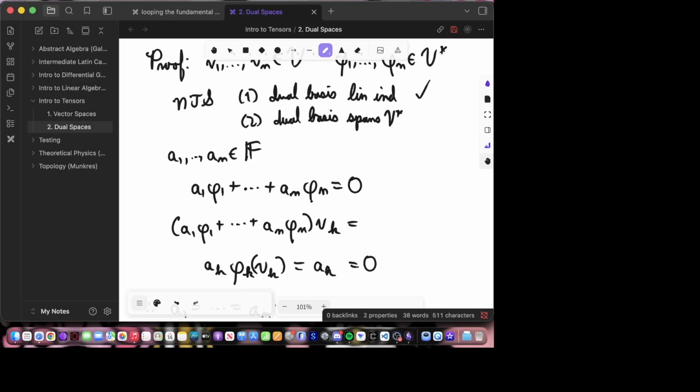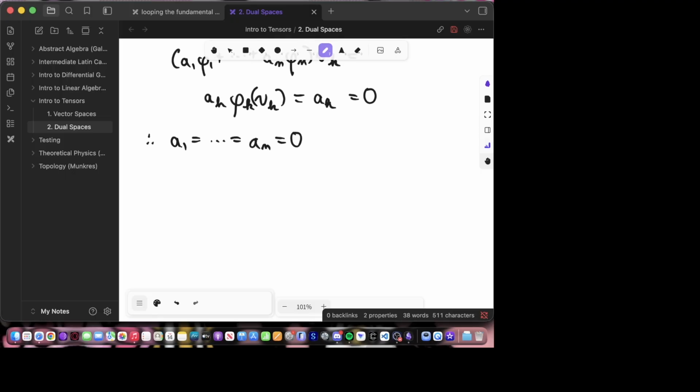you can basically just find, let's say we have a dual vector phi. You can just find phi of v1, maybe that's equal to a1, etc. Phi of vk is equal to ak.